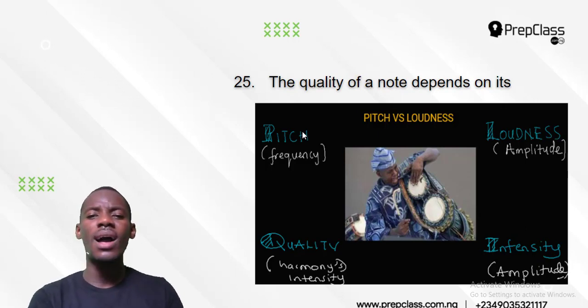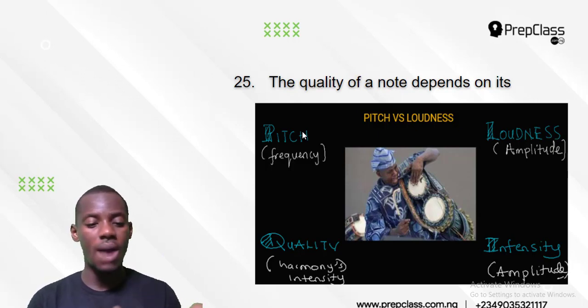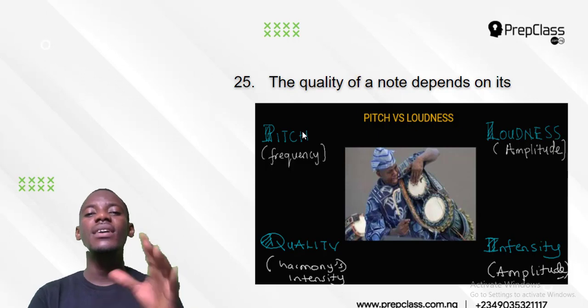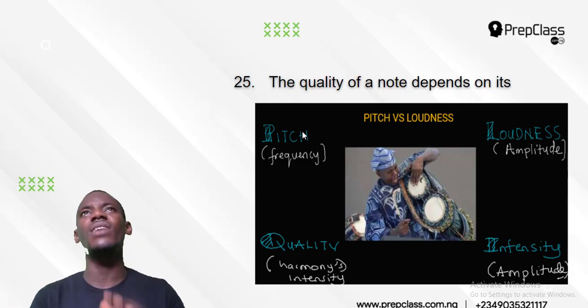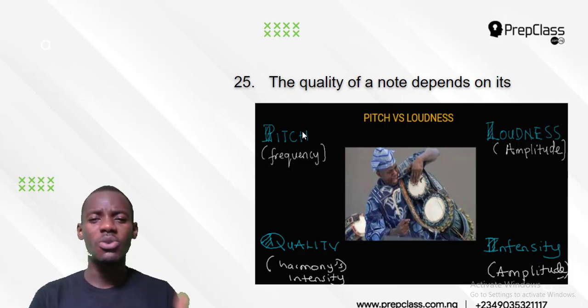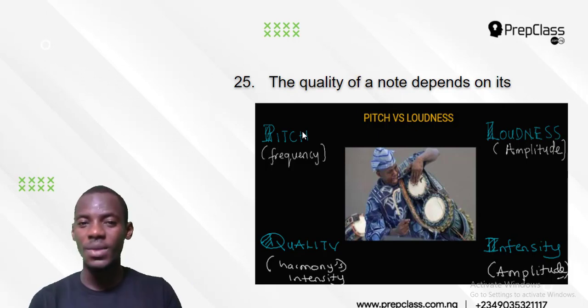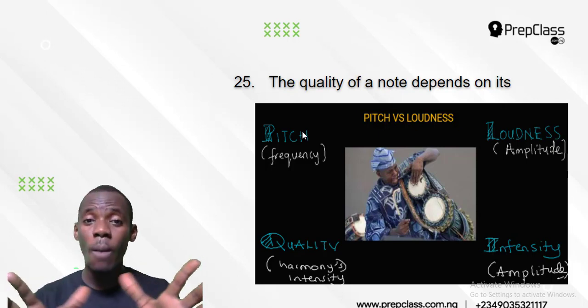Like, if you are in the choir, we have what we call parts. We have tenor, bass, treble, and alto, right? Those are called harmonies. If you are singing with only one part, it will be good, but it will not be qualitative enough compared to when all the parts come in.